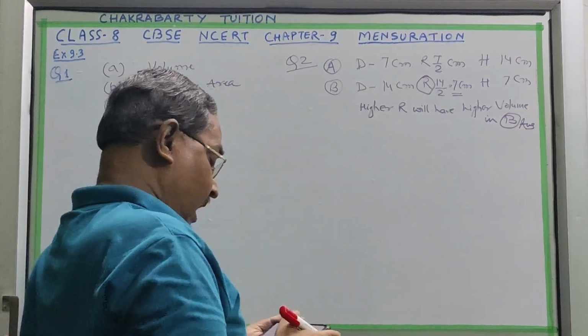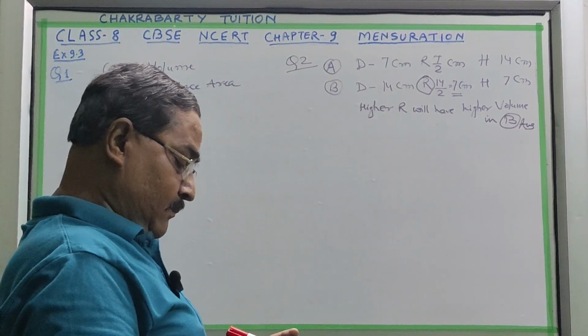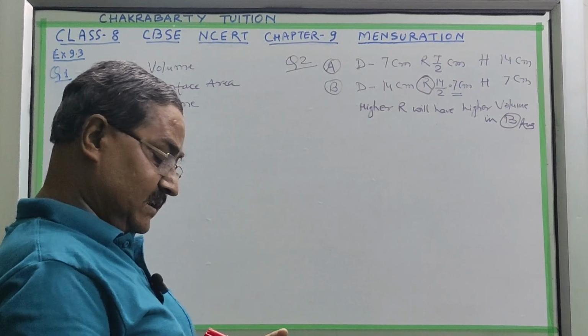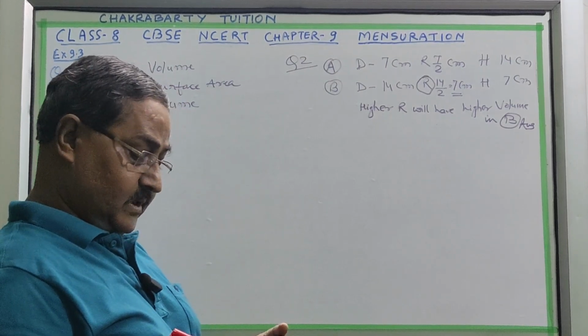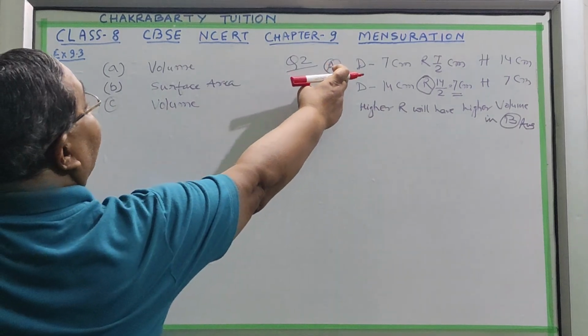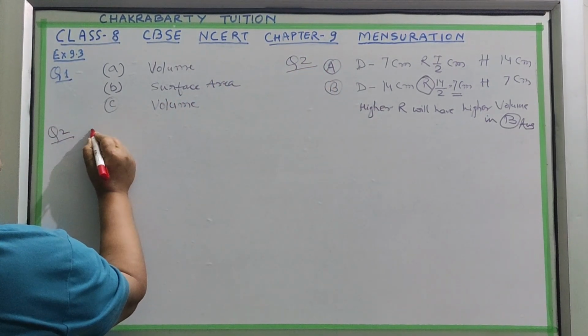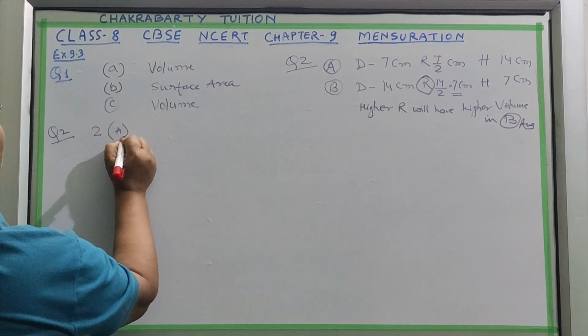Now verify it by finding the volume and surface area of both the cylinders, and check which has the greater surface area. First we will find for 2A.